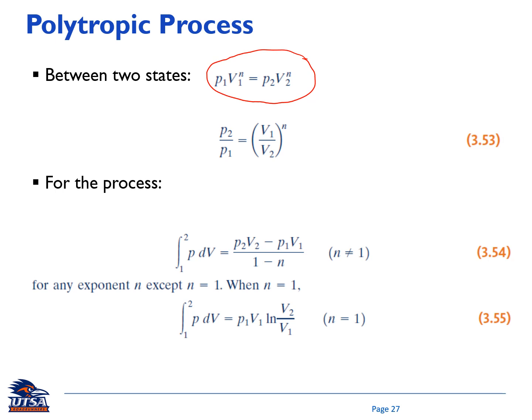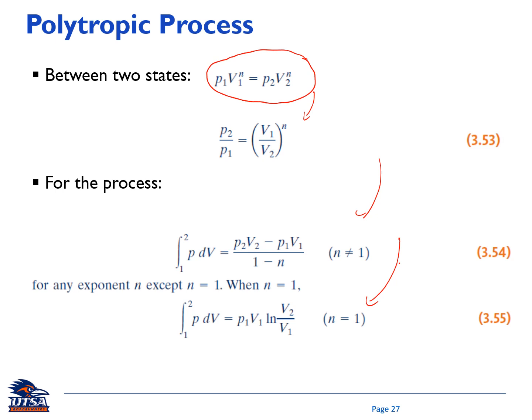You can make some adjustment to get equation 3.53: the ratio of pressure equals the ratio of volume to the power of n. You can also apply this formula to get equations 3.54 and 3.55.